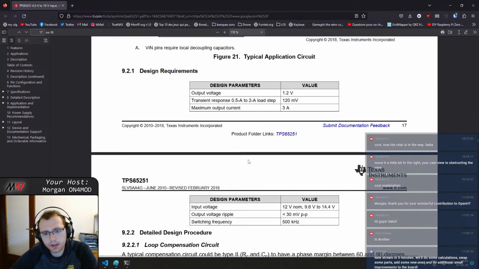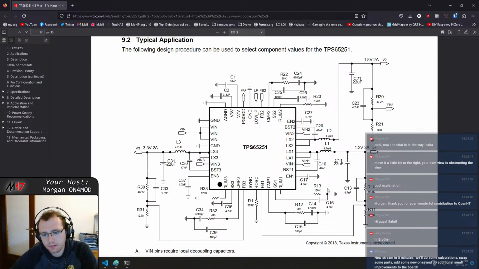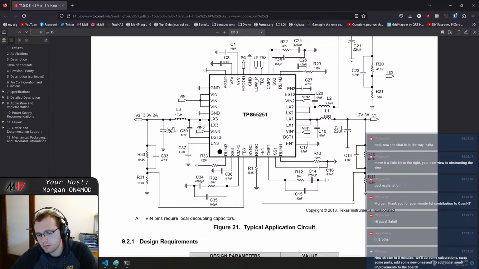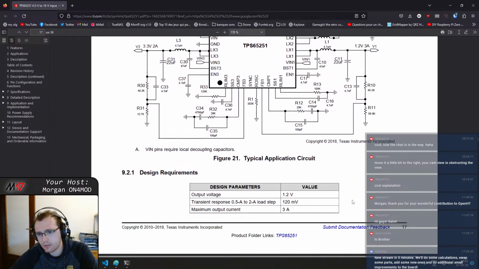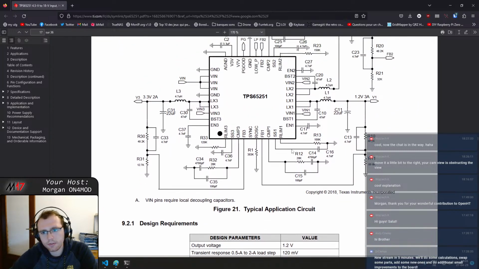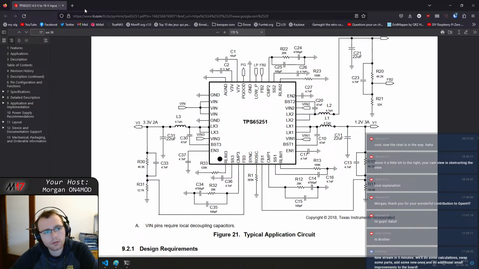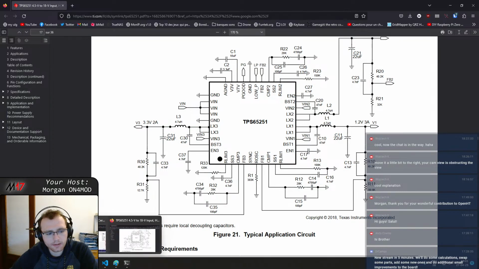And here, they have 4.7 nanofarad. Oh yeah, but they have 40K, which is quite high. We don't have that much.